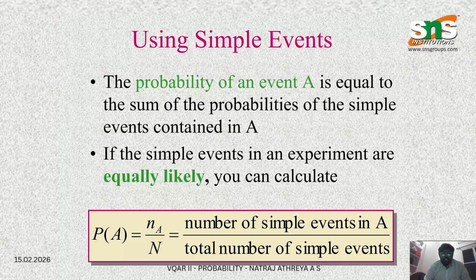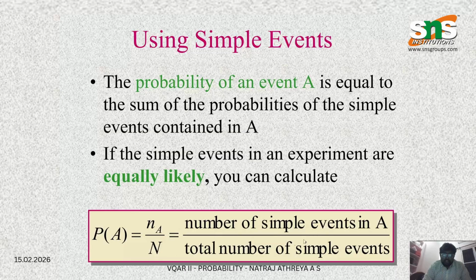Using simple events, the probability of an event A is equal to the sum of the probabilities of the simple events contained in A. So if we look at the entire event A, the sum of the probabilities of each individual event contained in A put together is the total probability of that event A. Simply put, the probability of A is equal to the number of simple events in A divided by the total number of simple events.